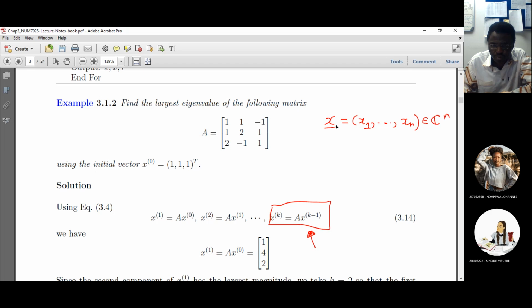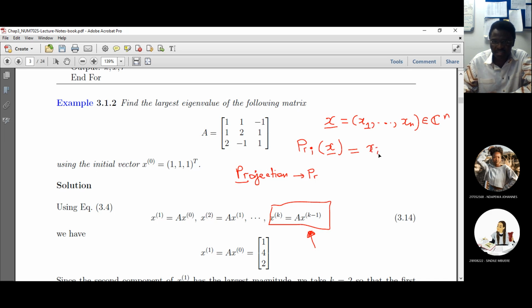Now, the projection along the ith component, I will call it PR, which comes from projection. PR_i of this vector x will give us x_i.